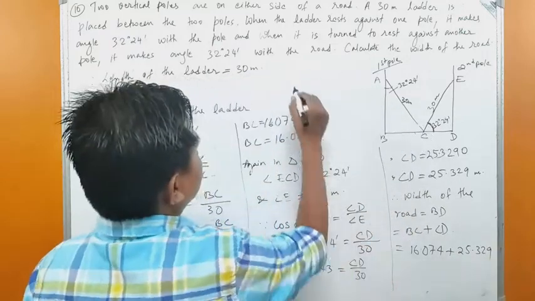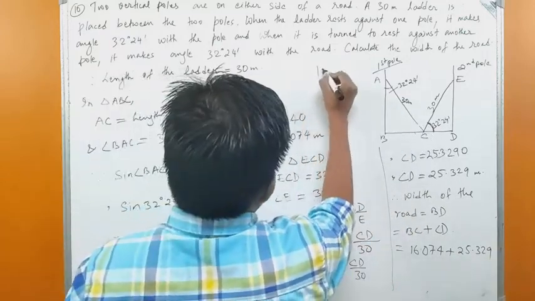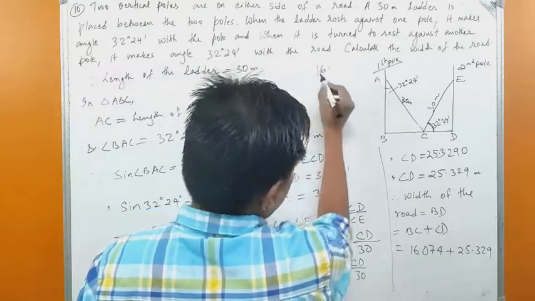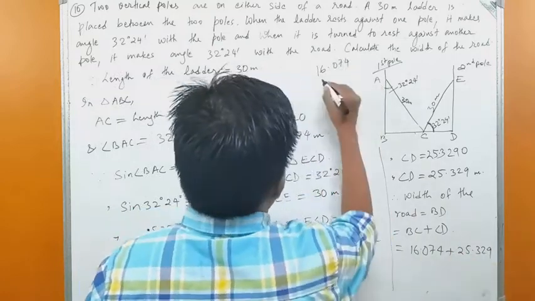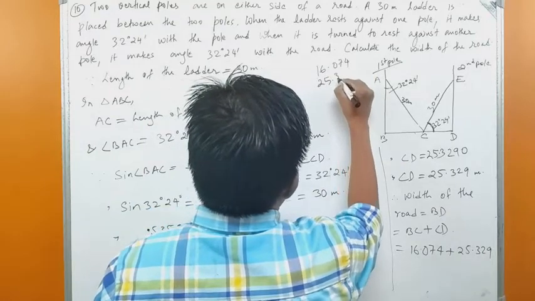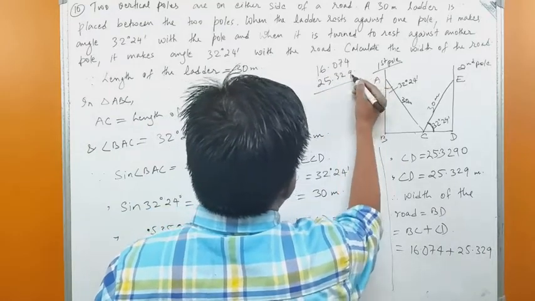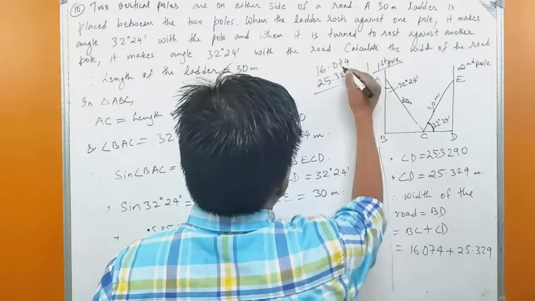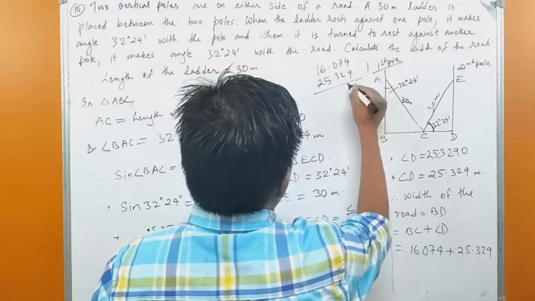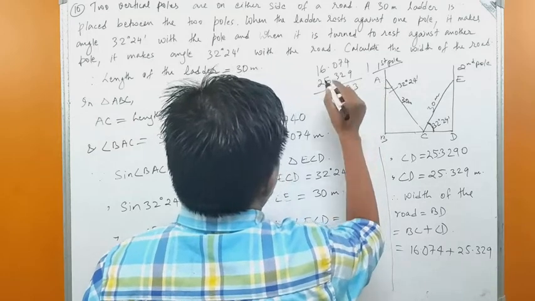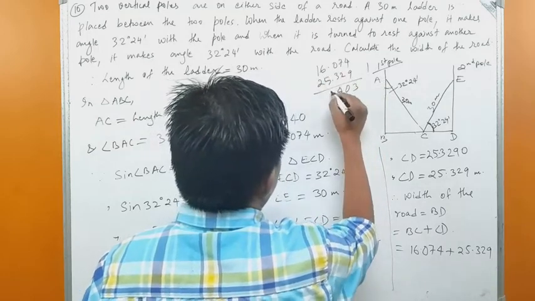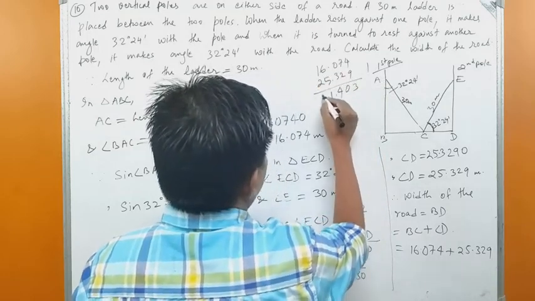Now let us add up 16.074 plus 25.329. 9 plus 4, 13, 3, 1 in hand. 7 plus 2, 9, plus 1 is 10, 0 and 1 in hand. 3 plus 1 is 4, comes here. 6 plus 5, 11, 2 plus 1, 3, 4.